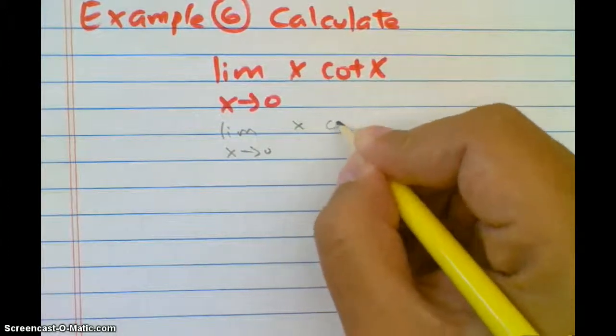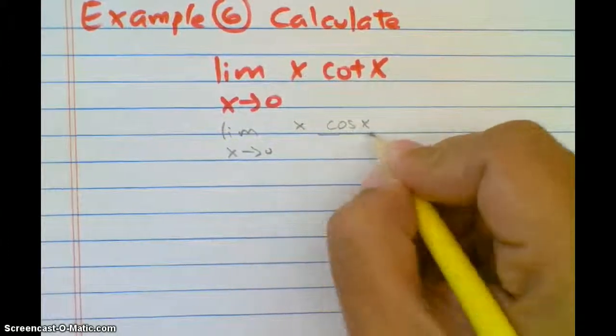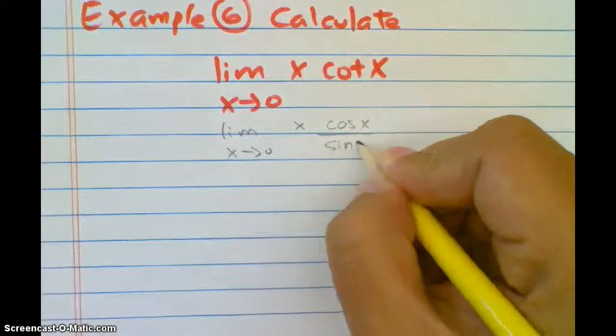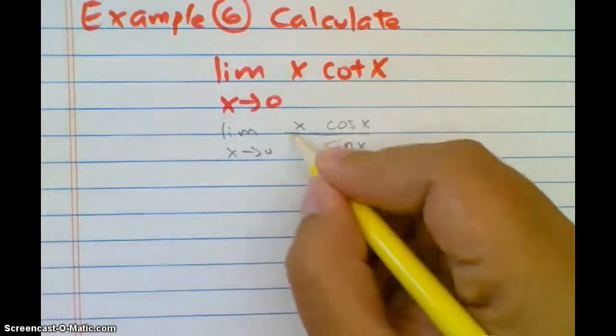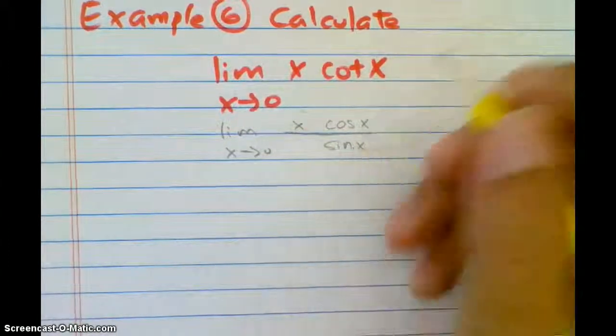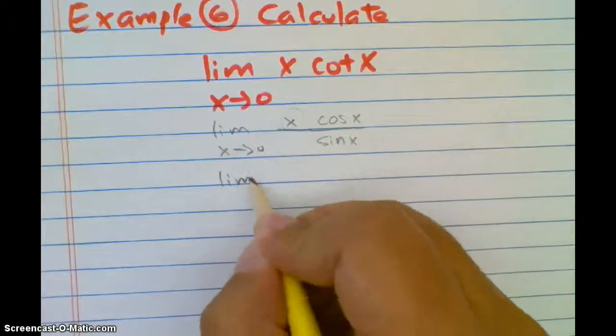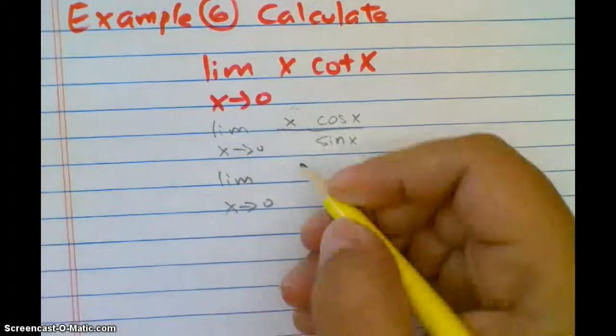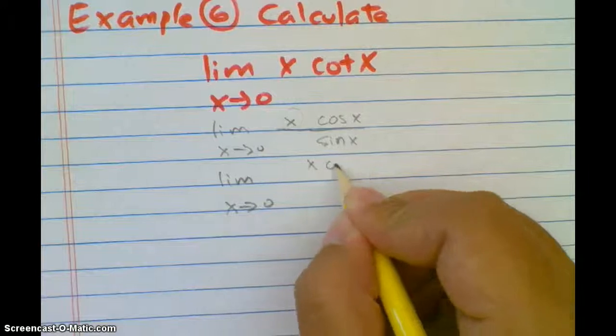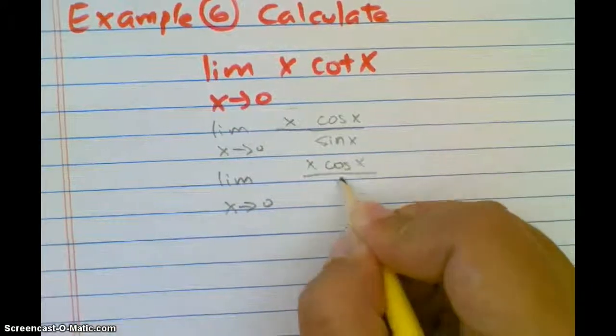So let's see what we have after this. Cosine of x over sine of x. Now it is very useful that I have an x and I have sine of x. So I'm just going to give it the shape that it needs. So I'm going to divide numerator and denominator by x.